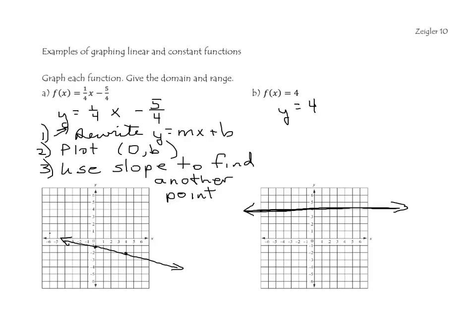And the domain is going to be where x is. x can exist from negative infinity to infinity, and you need to use your parentheses for your intervals. But y, your range, is only 4.